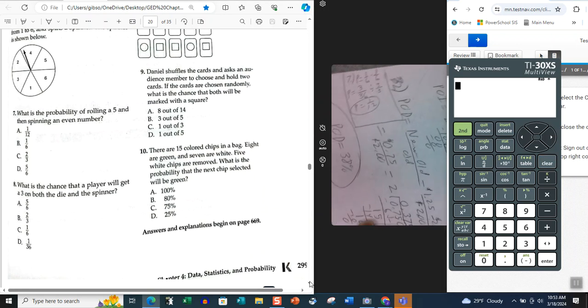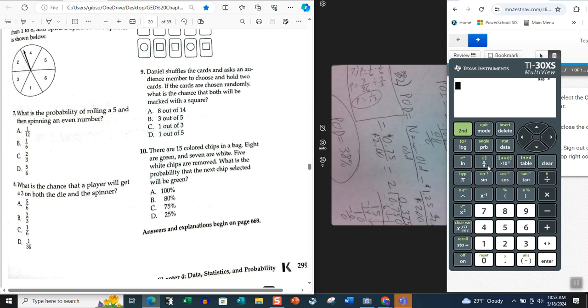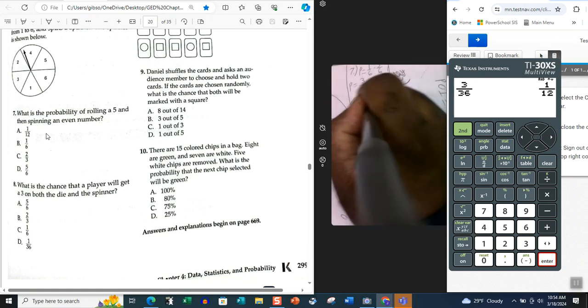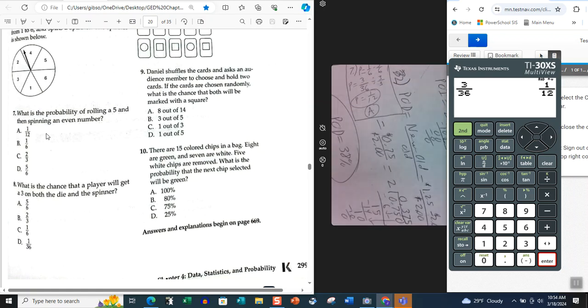Now, actually, I should have done this as we could use a calculator. If we hit N over D, we could put the 3, down arrow, 36 and then press enter, and it gave us 1/12, which is A. So that would be what we would select.